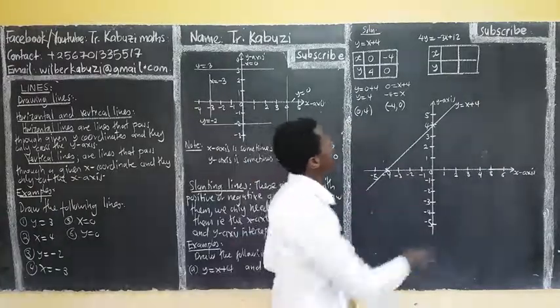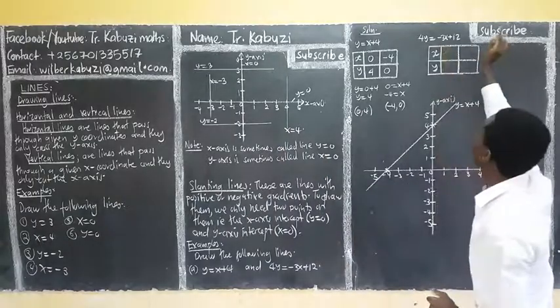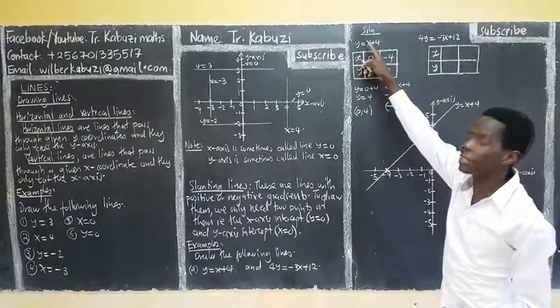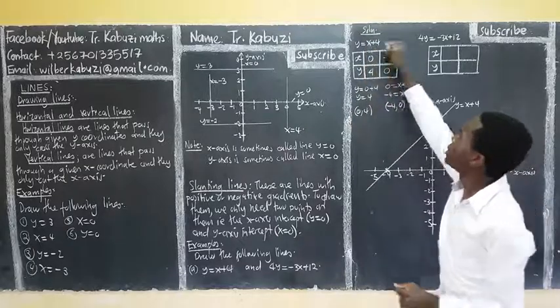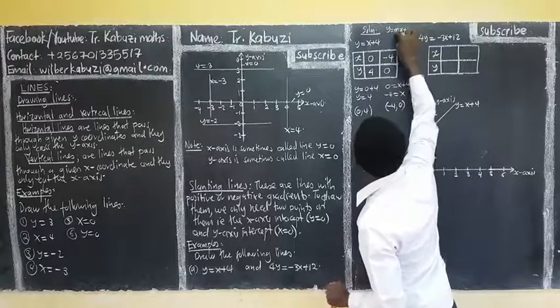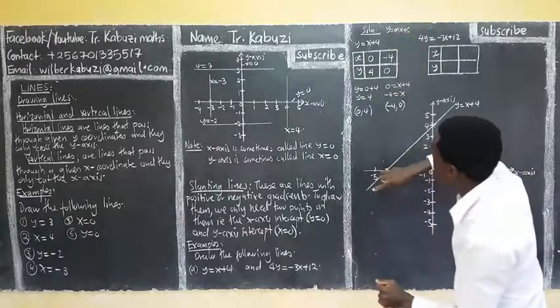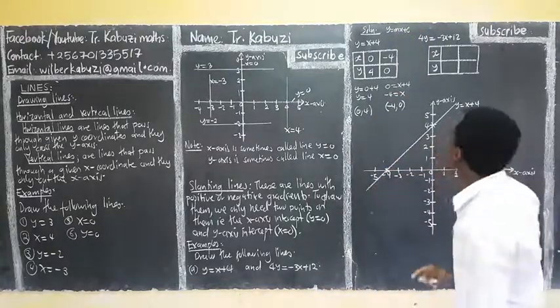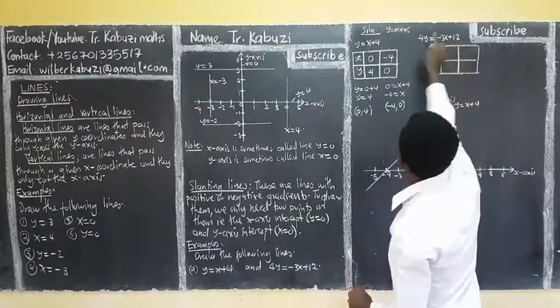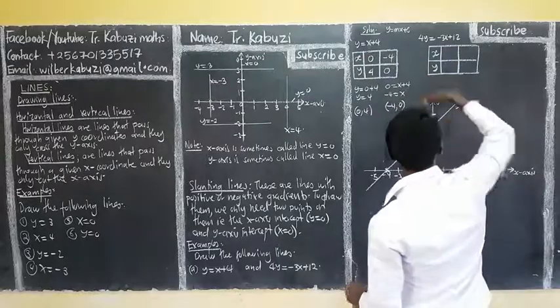Now, I come to the next, 4y equals negative 3x plus 12. By the way, when the coefficient of x is positive, in the form y equals mx plus c, the line is always going to be increasing.